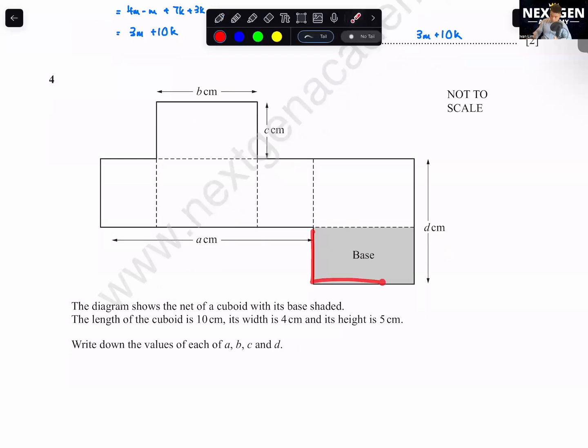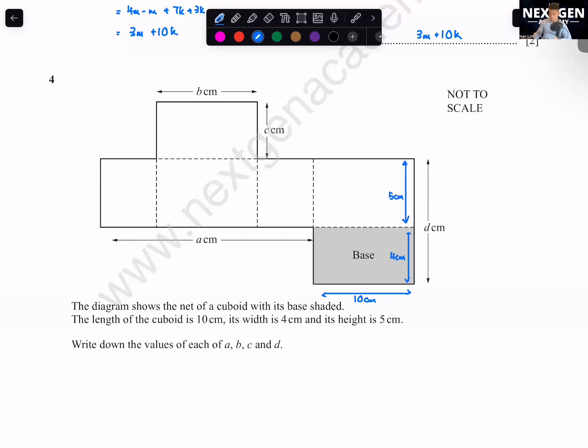Look, this is the base part of it. So base, then you fold it up like origami. They say length is 10 cm, so can we say this part here is 10 cm? Length is 10 cm. Width 4 cm. Height 5 cm. This will be your height.